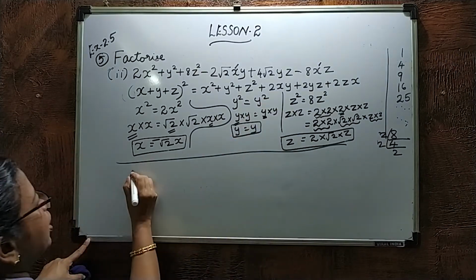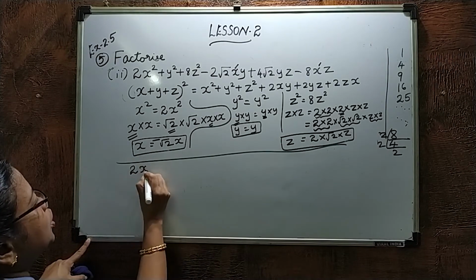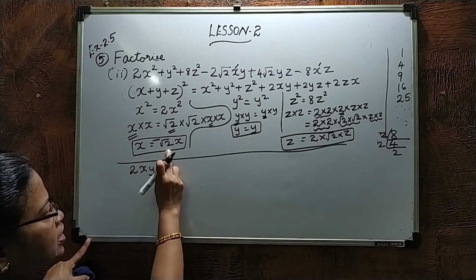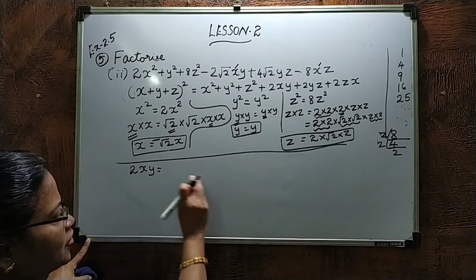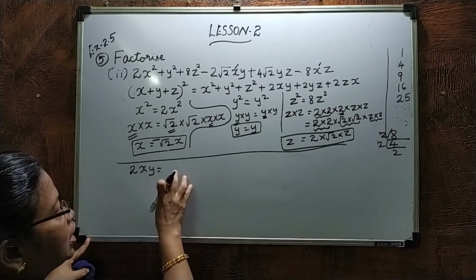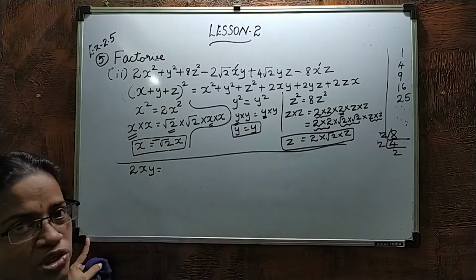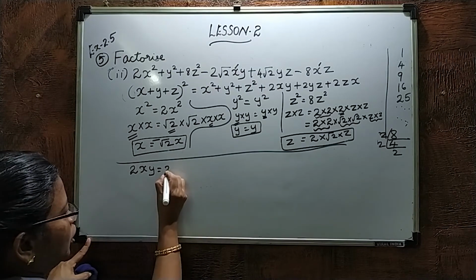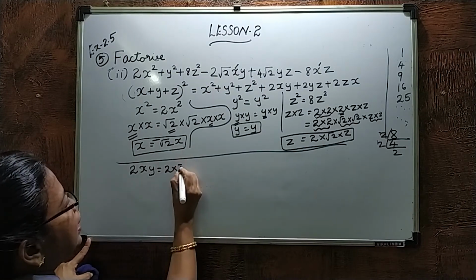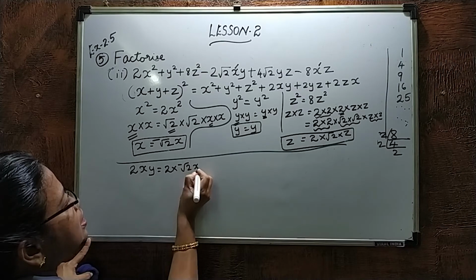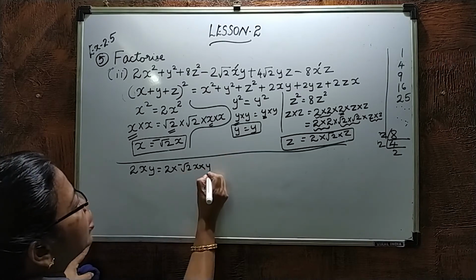Now you have to start. What is 2xy? What do you find out? x is here, y is there. Just find out 2xy and whether it is equivalent to this question or not. So 2 into x is negative root 2x into y is y.